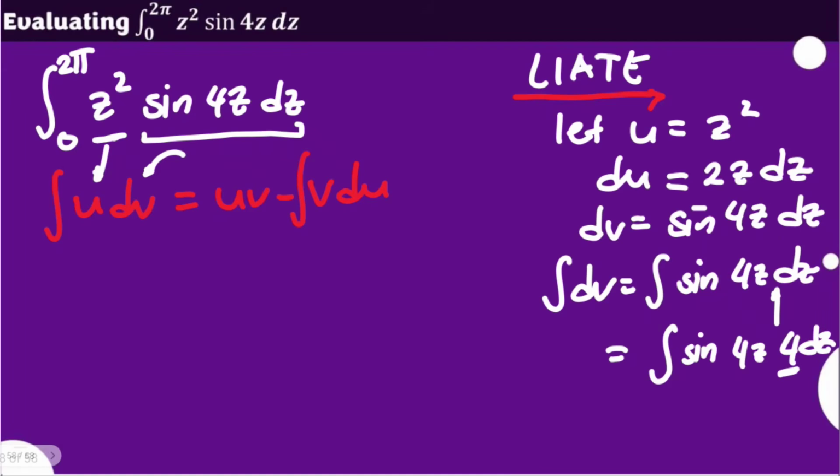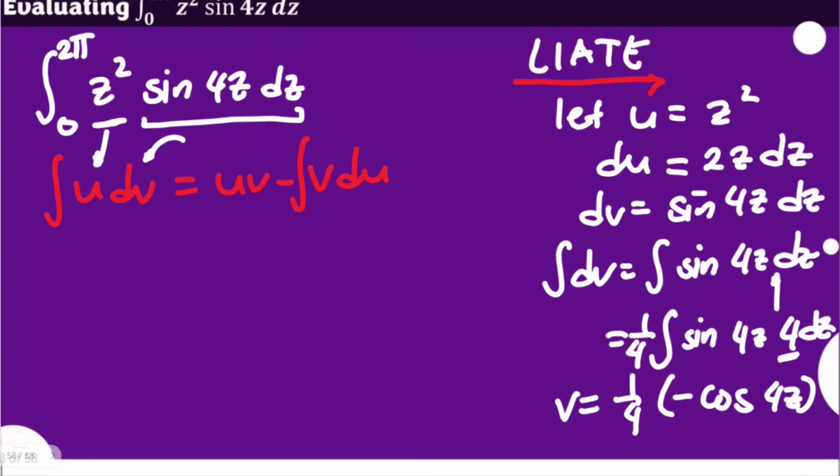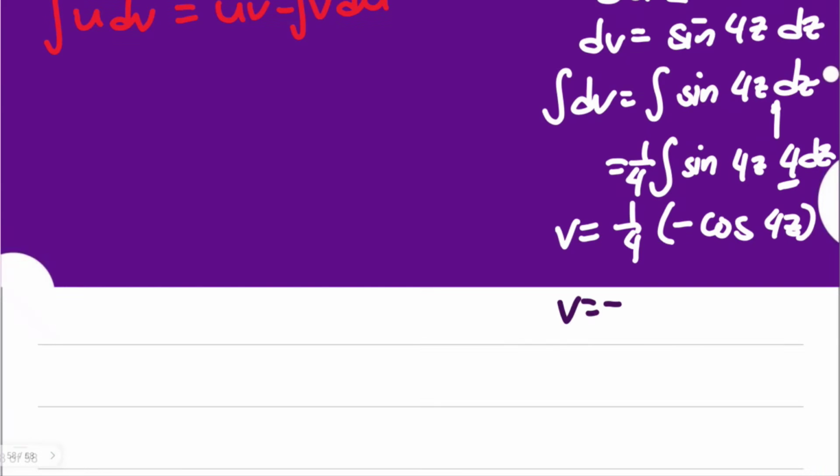We're adding this, so to neutralize that, we need to place 1/4 so that we are not changing the entire expression. This would give us our v equivalent to 1/4 times the integral of sine 4z, which is actually negative cosine 4z. So in short, our v is negative 1/4 cosine of 4z.